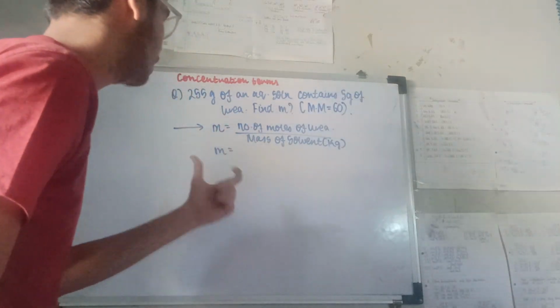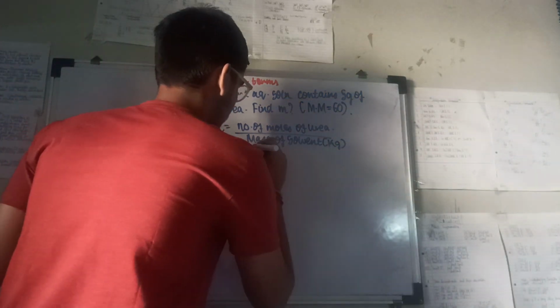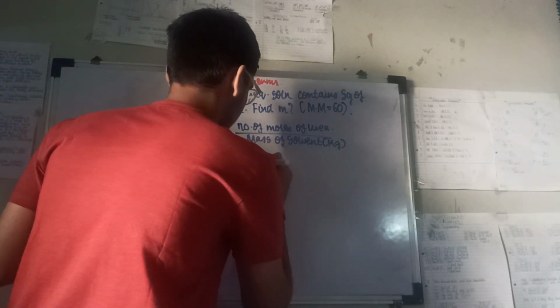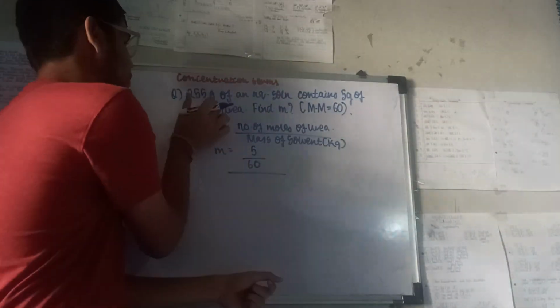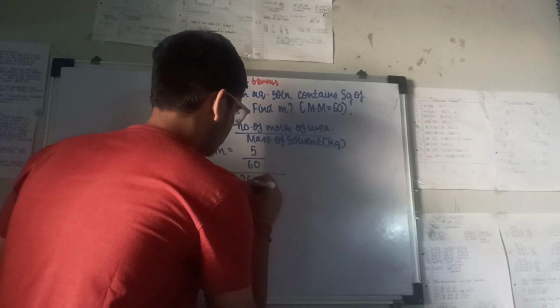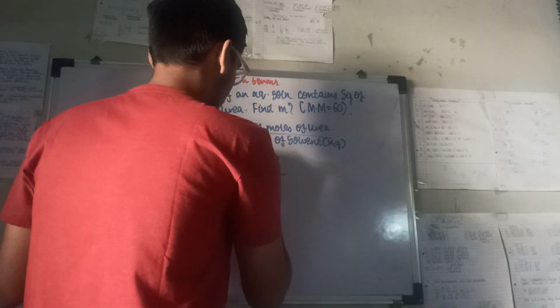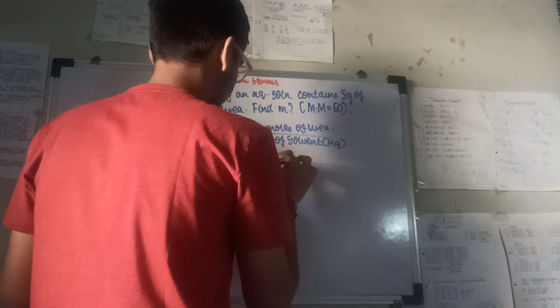So how can you calculate the moles? 60 is given. Okay, very good. 5 by 60, divided by the mass of solvent. So this is the mass of solution, so minus it, simple. We will get 250.